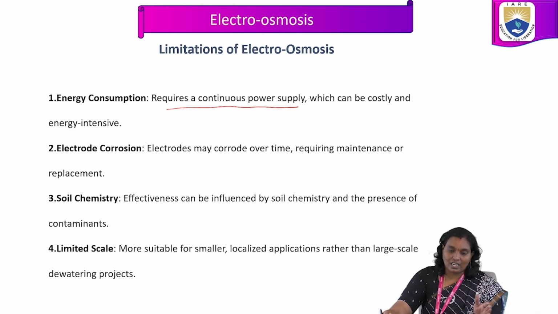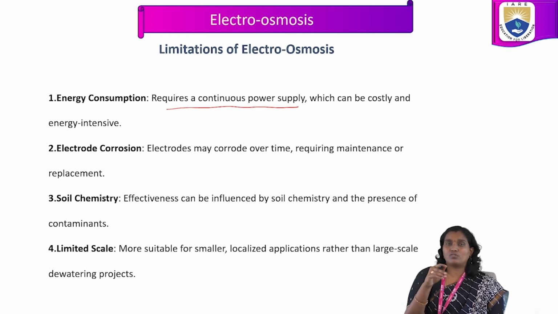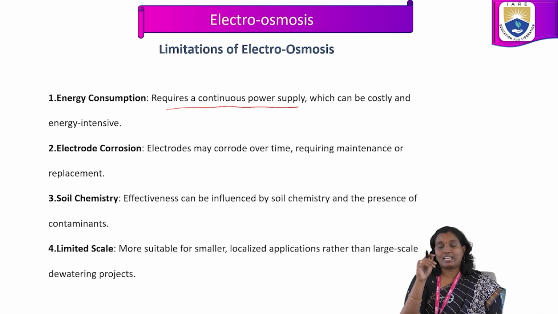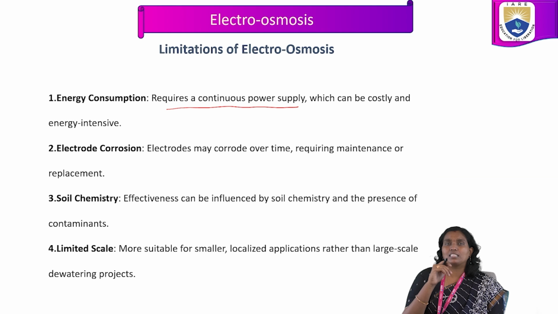Requiring a continuous current supply is what gives the optimization of dewatering for electro osmosis, but in that scenario it may not be possible in all conditions as a practical issue. That is one of the limitations which we have to understand and adopt at the time of considering this method.